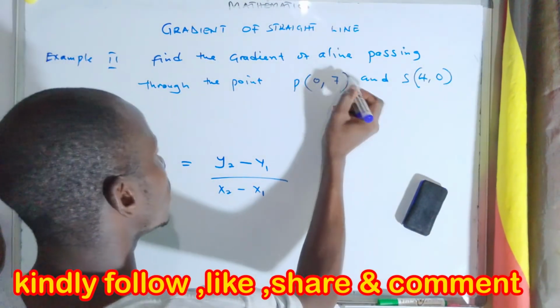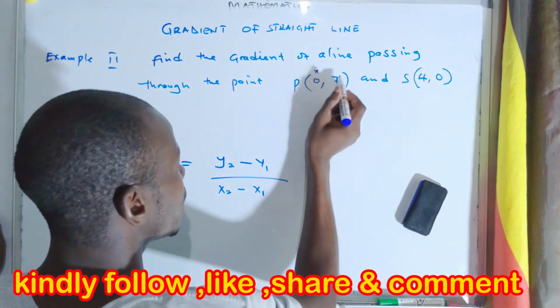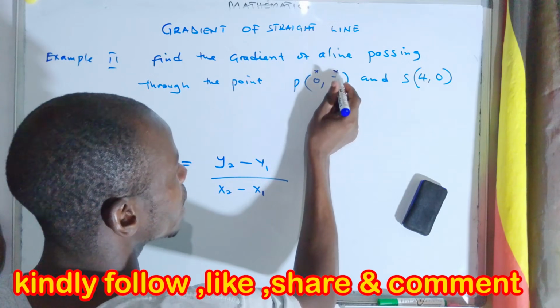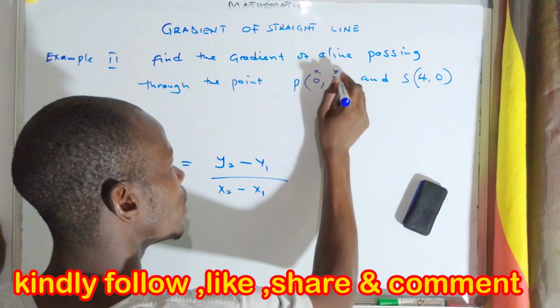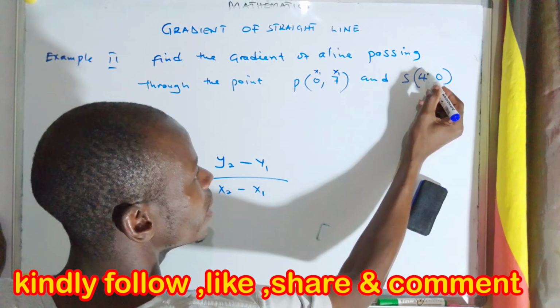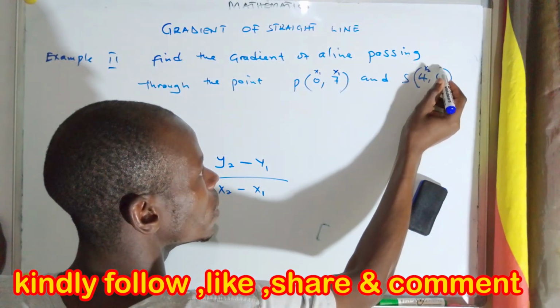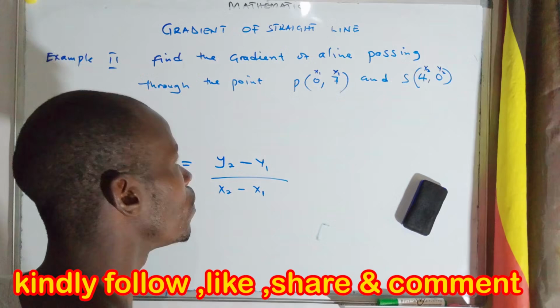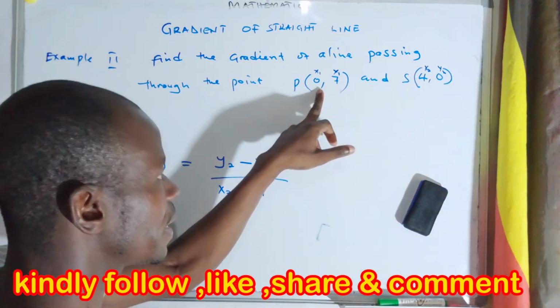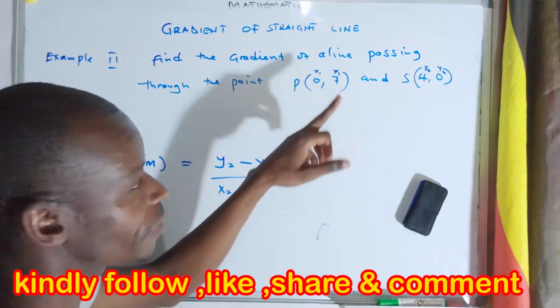When you see the first point, remember this is x and y. So the first one is x1, y1, and this side is x2, y2. The first number should be x, the second one is y. So you have to note that one.